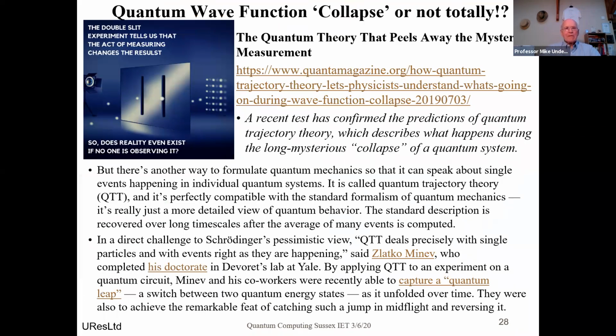Right, wave function collapse, or perhaps it isn't totally. On the left-hand side, it says the double slit measurement experiment tells us that the act of measuring changed the results, and the misprint, by the way, is not mine. So does reality even exist if no one is observing?